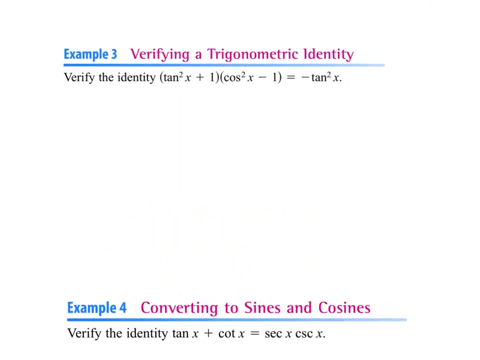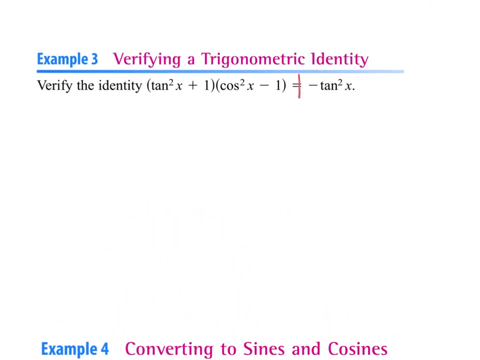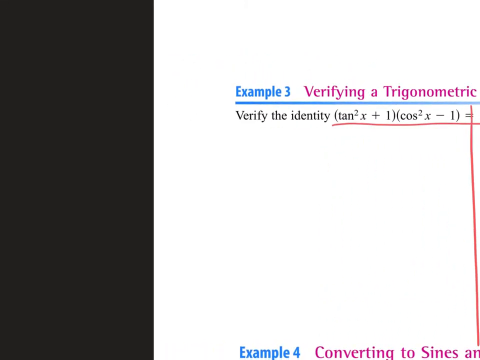Example 3. Which side are we going to work with, the left or the right? The left. The left one looks more complicated, so let's work with the left. Awesome.